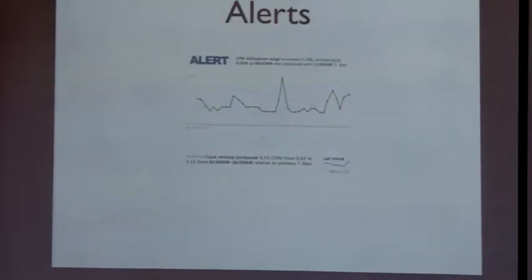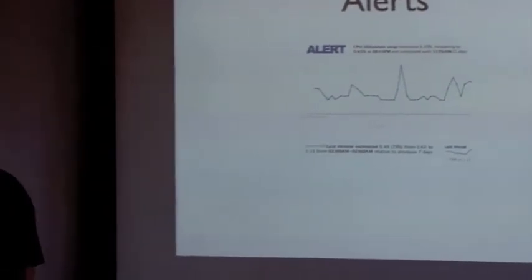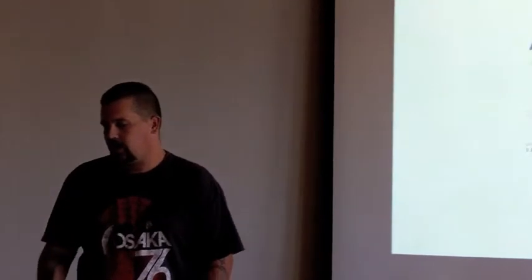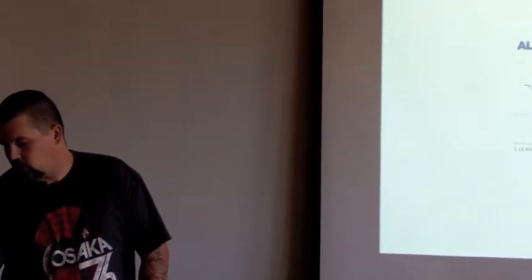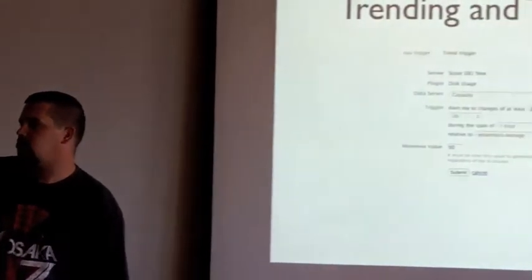With that data comes the alerts. You can have it set so that when you hit certain thresholds it emails you, texts you by SMS, whatever you want. You can do that for any of the plugins, any of the data that comes in. And not only threshold limits, but you can set trending triggers. So if something's starting to trend in a negative way, you can be alerted, be it SMS or email.